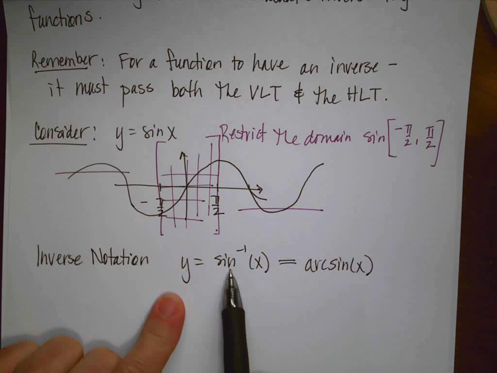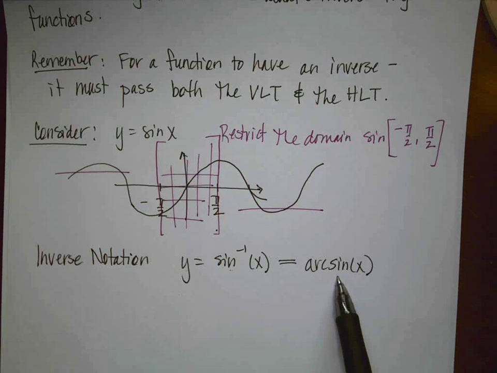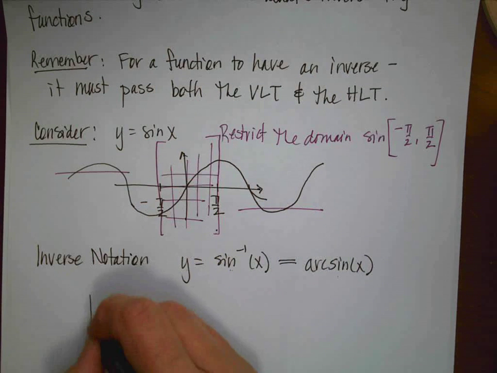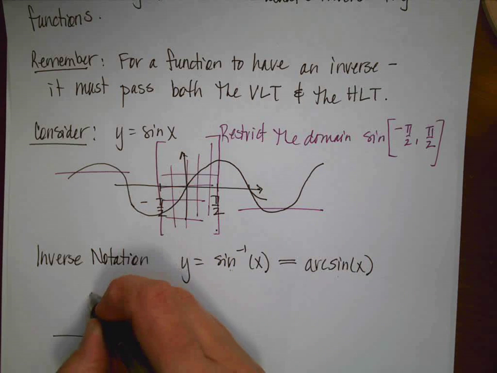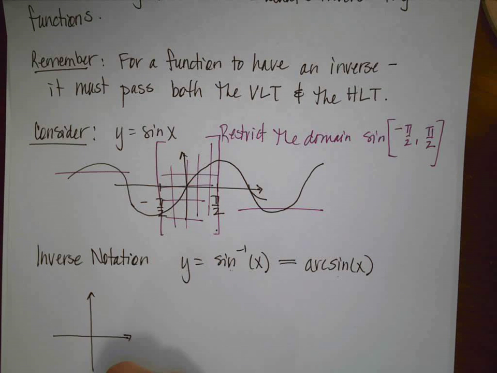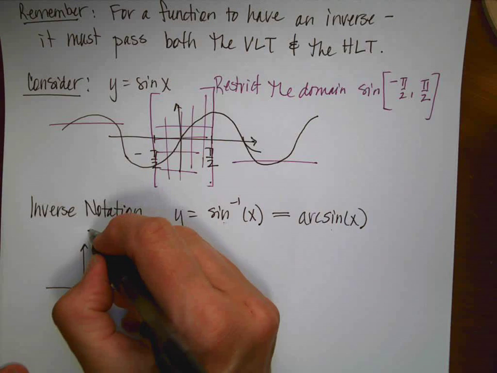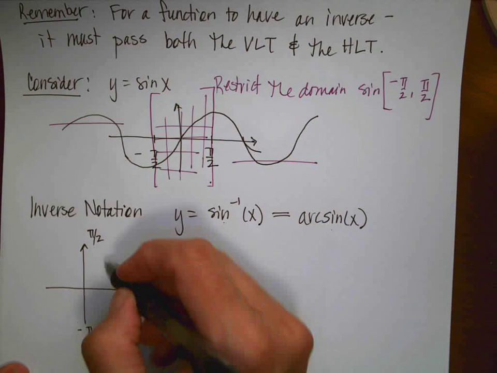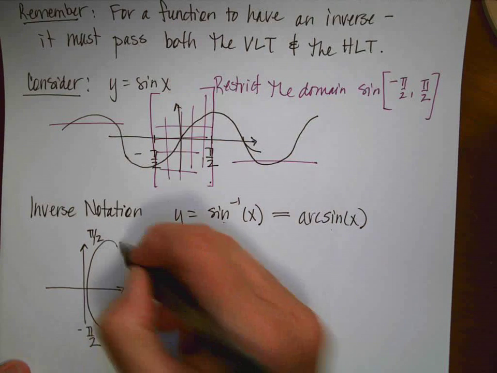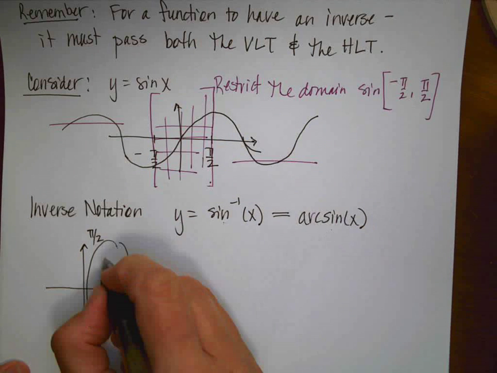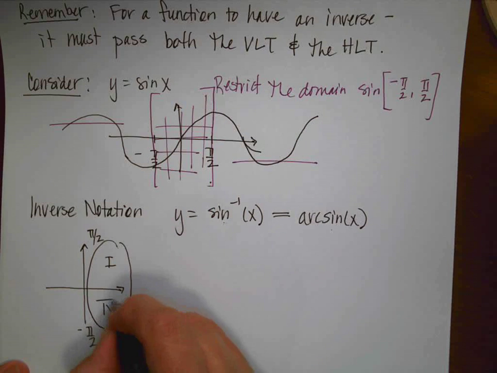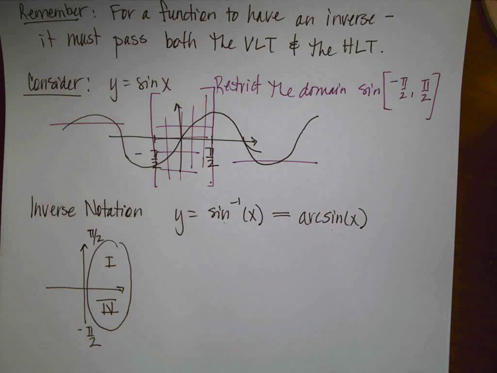My notation, y is equal to the inverse of sine, is also called the arc sine. And if we think about this on our unit circle, a negative pi over 2 is down here that you can't see, and a positive pi over 2 is up here. So we're going to restrict inverse sine or arc sine to the first and the fourth quadrants.